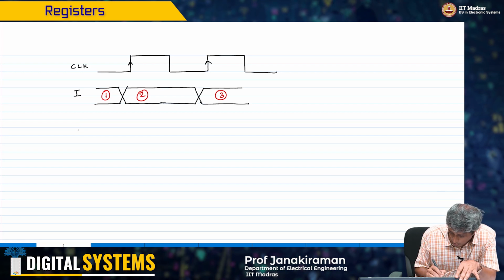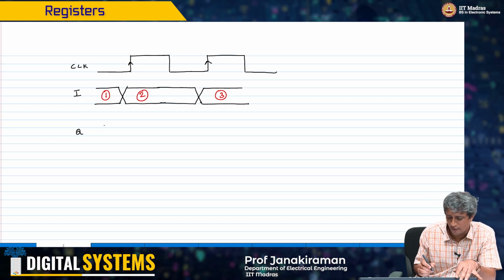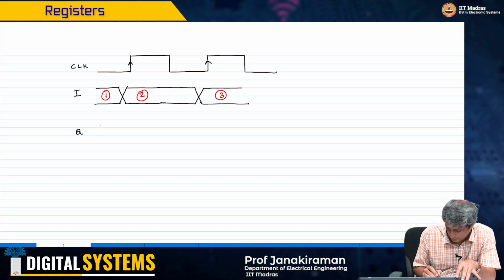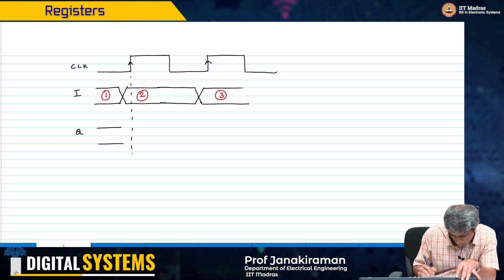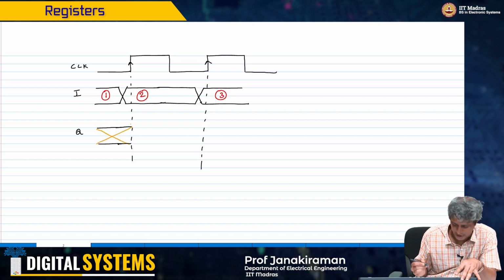And then I am looking at my output Q, right? So if I look at what happens to Q, I really do not know what happened before this clock period here, because I do not know what was sampled at that instant. So this one I will just leave as an unknown state.